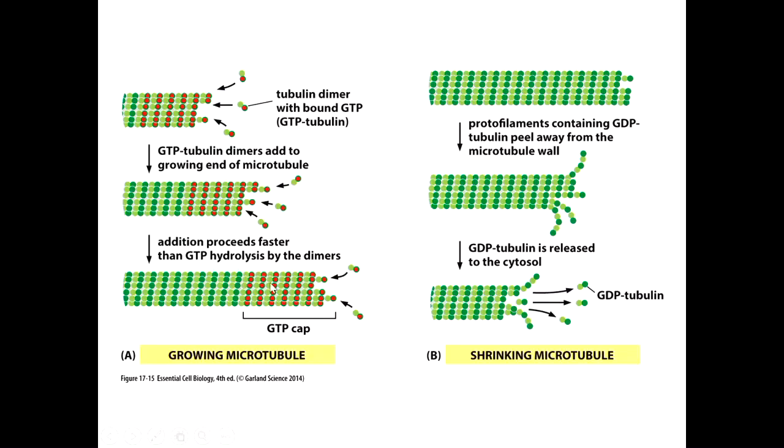So if you eventually lose this GTP cap, which over time you will if you're not stabilizing it with something, you end up with this situation where you no longer have your cap, and this end is very vulnerable to being dissociated. Inside there's enough stability that it generally stays together, but the ends are available for something to tear it apart. And so now it'll start being torn apart, and you end up shrinking them back down. So that's cytoplasmic microtubules in a nutshell.